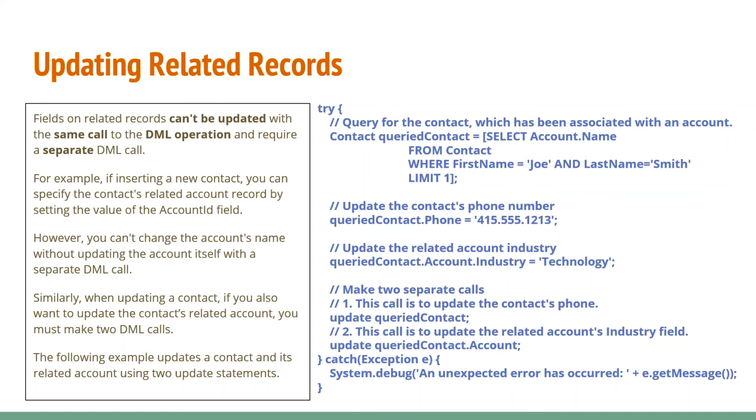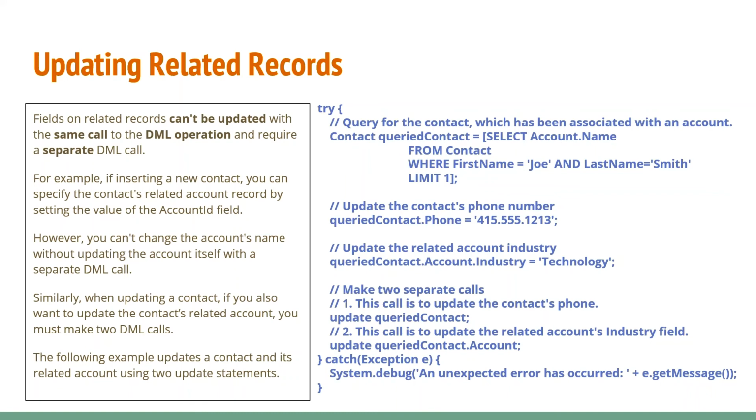However, you cannot change the account's name without updating the account itself with a separate DML call. Yes, because the two are different objects. Similarly, when updating a contact, if you also want to update the contact's related account, you must make two DML calls. So let's see this example.